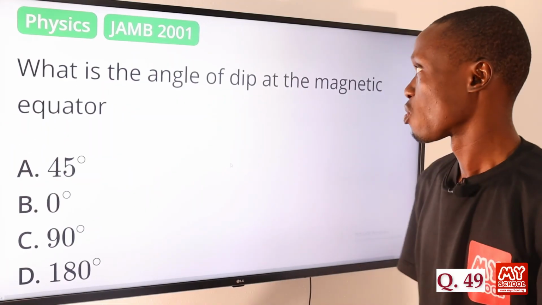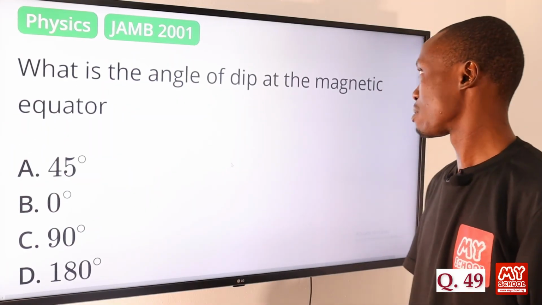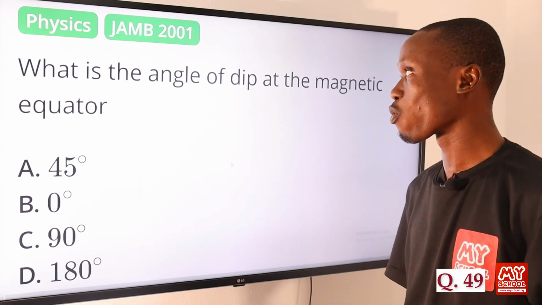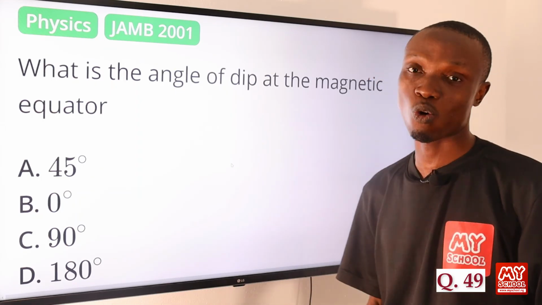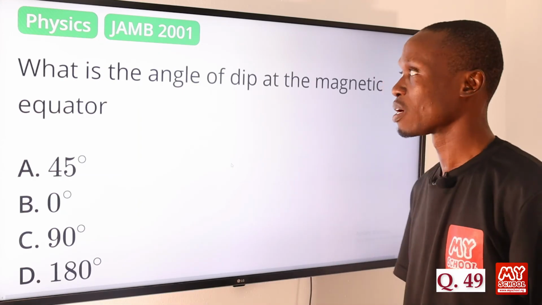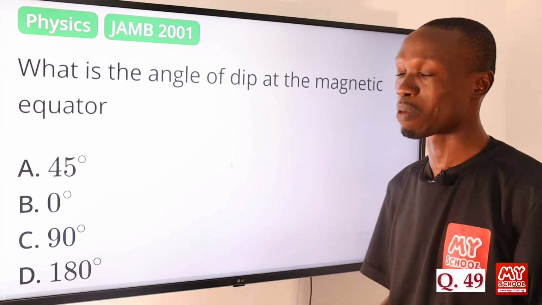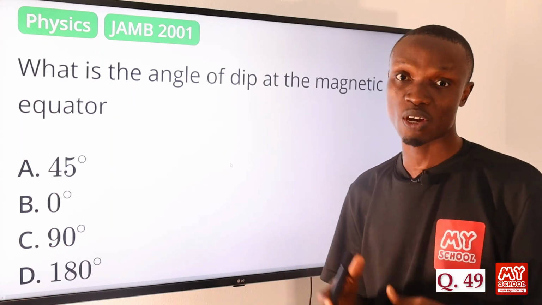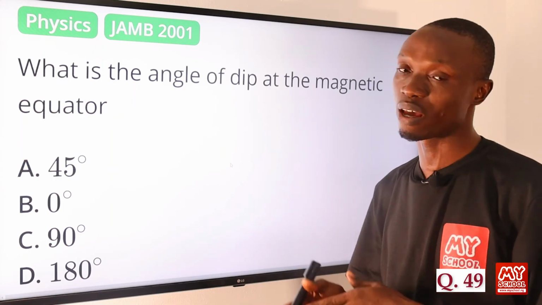Question 49. What is the angle of dip at the magnetic equator? So first of all, let's define the meaning of angle of dip. Angle of dip is the angle formed between the Earth's resultant magnetic field and the horizontal. So this angle of dip actually varies from one place to another on the Earth's surface.